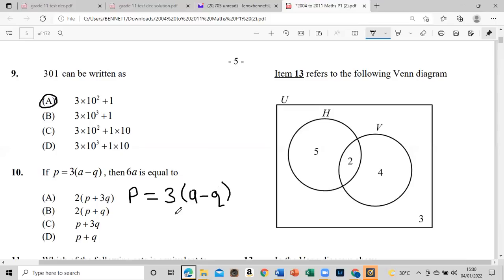Alright, so I will solve the 3A first. So it's 3A minus 3. So we'll say P plus 3Q.